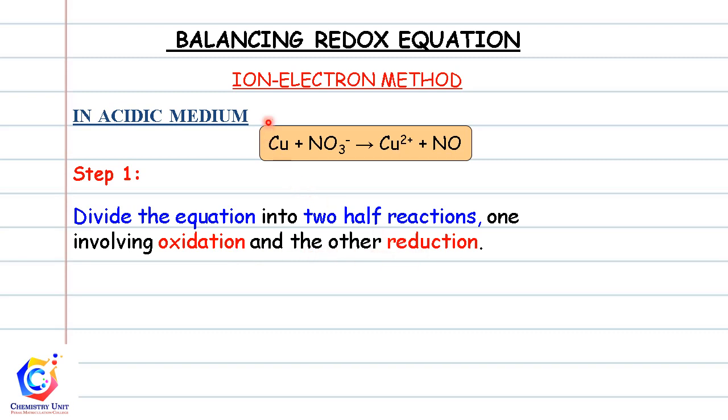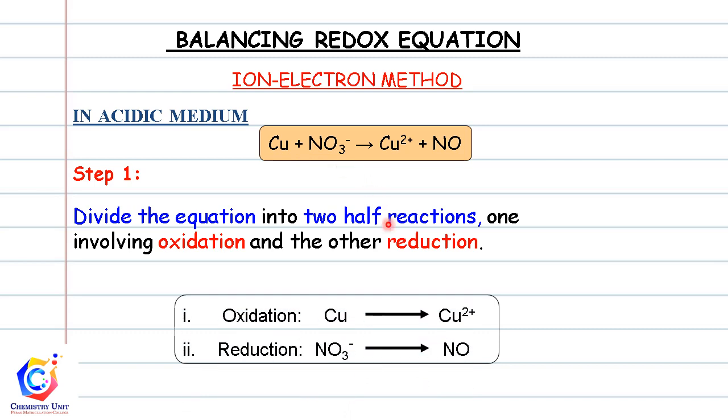So we can check these two equations, which one is oxidation and which one is reduction, by using the oxidation number. From here, the oxidation number of copper is 0, and then in the product it becomes positive 2, so there is an increase of oxidation number. In this case, we check the number of oxygen atoms.